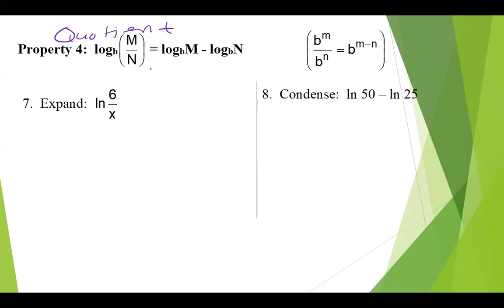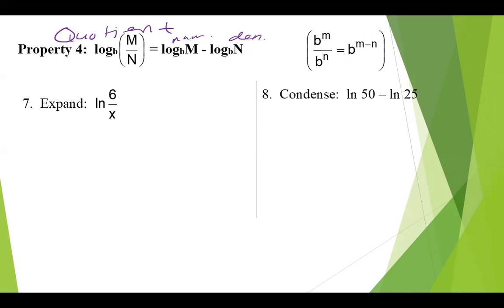The quotient property is saying if you have division, a numerator and a denominator in your argument, you can split them into two terms. The numerator is always what you are subtracting from, and the denominator is your subtraction.